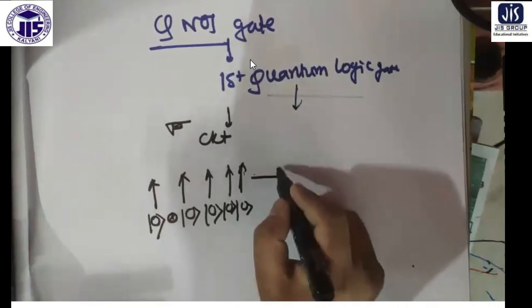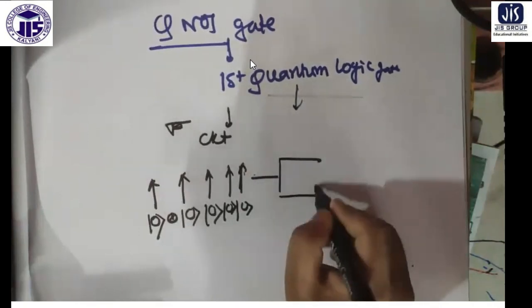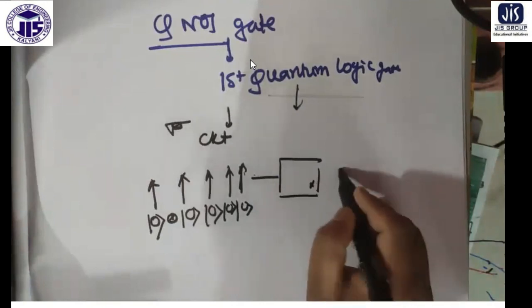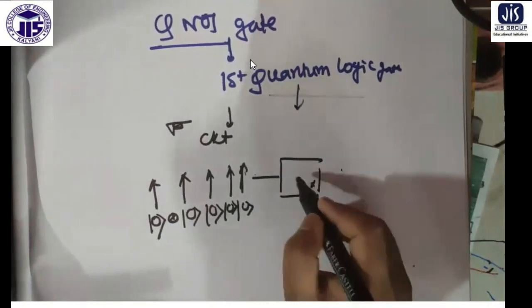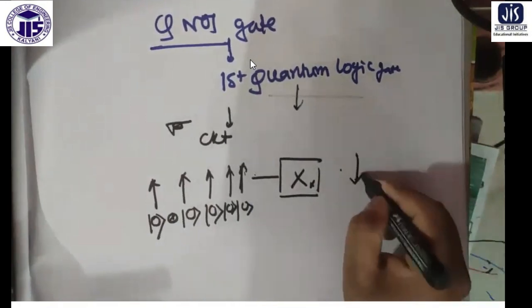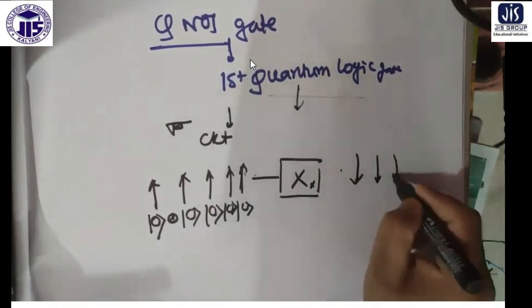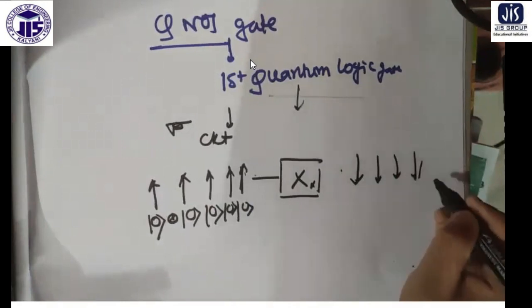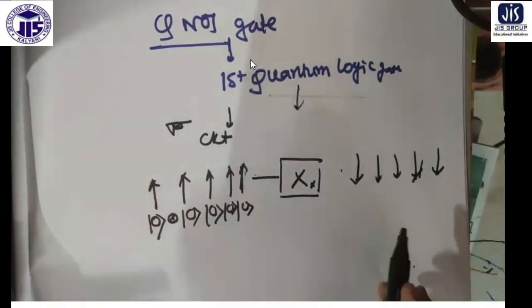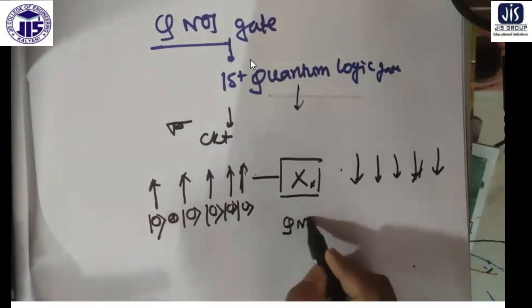Now if I operate the X gate, they will be switched over. This is the quantum NOT operation.